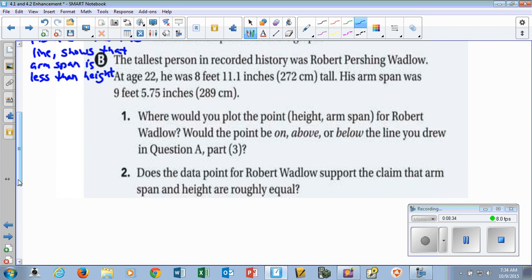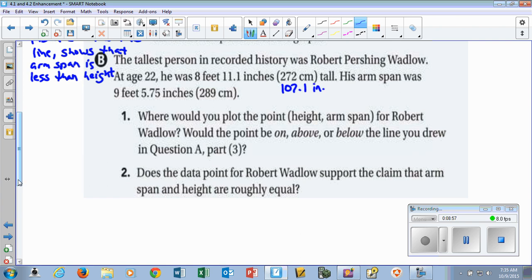So if he's 8 feet 11.1 inches tall, 8 times 12 is 96 plus 11.1. So height-wise for him in inches, he's 107.1 inches.